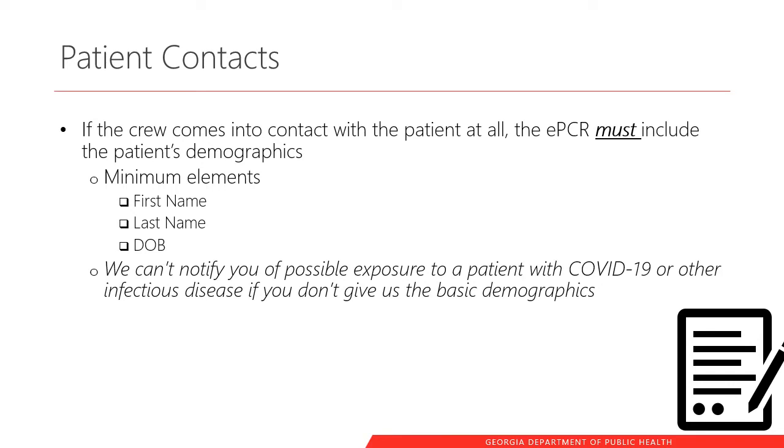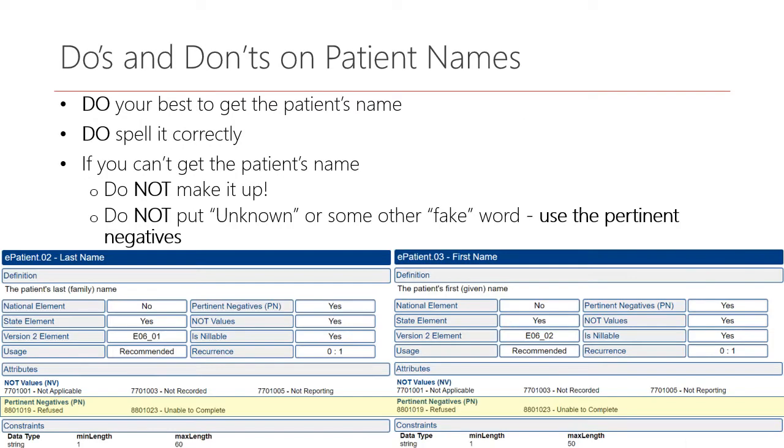So we're not able to help those medics by letting them know that they were exposed to someone who had COVID-19. So that's very, very important for us to do, is to make sure that those medics do record just that basic demographic information about the patient.